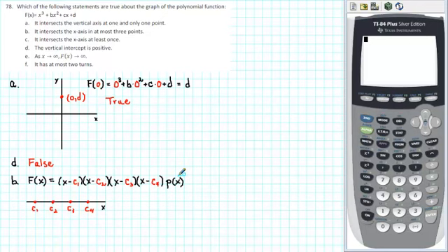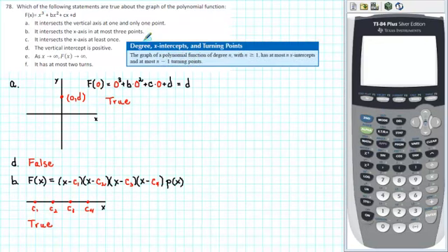Well, what happens when we multiply all these factors together? Multiplying the first terms, we get x times x times x times x, and that's equal to x to the fourth. But let's look at the degree of our polynomial function. The degree is 3. Since the degree is 3, that means that the function can only intersect the x-axis at most 3 points. So B is true.